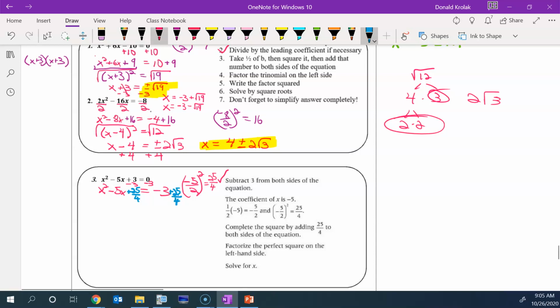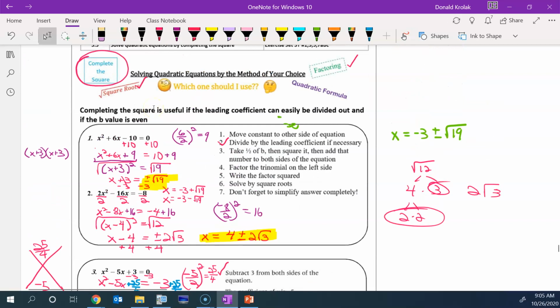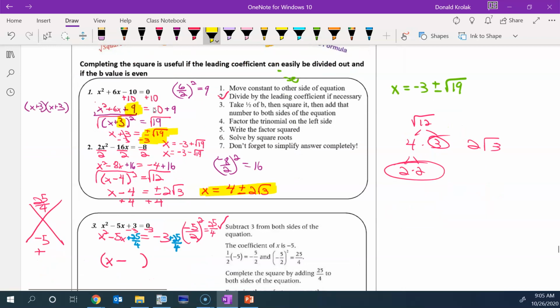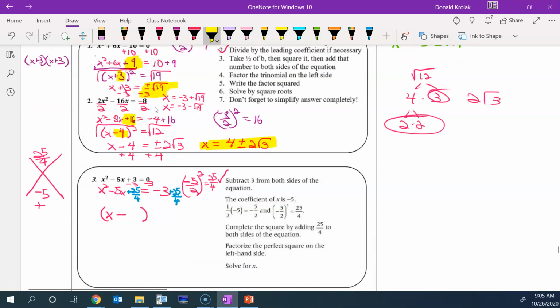Now factoring this isn't hard because you're just using the square root. I don't waste time asking what multiplies together to be 25 over 4 and adds together to be negative 5. So it's x minus, and if you look at the other numbers, this was 9, that's the square root of 9. This was 16, that's the square root of 16.